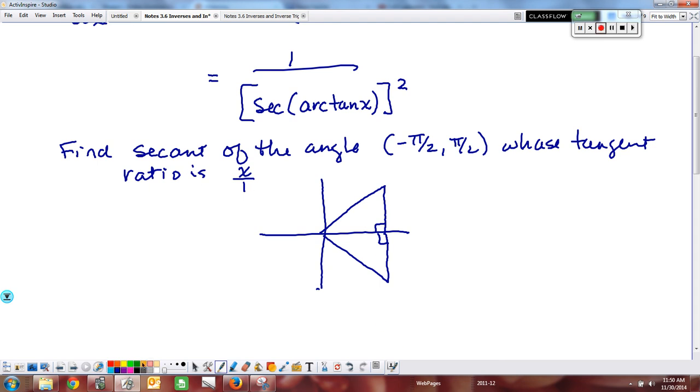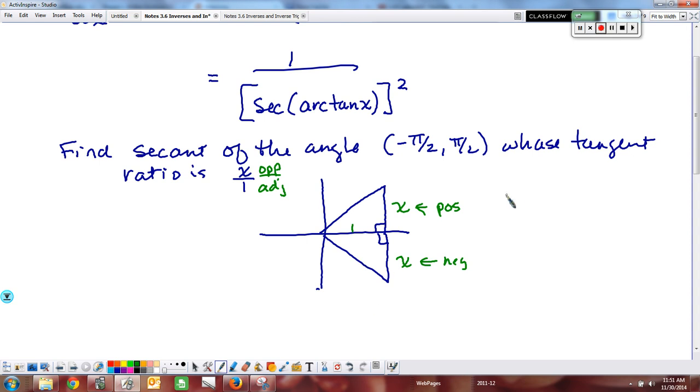Tangent ratio is x, and if you will recall, tangent is opposite over adjacent. So again, if x is positive, you would be here over 1. If x is negative, we would be here, again, over 1.